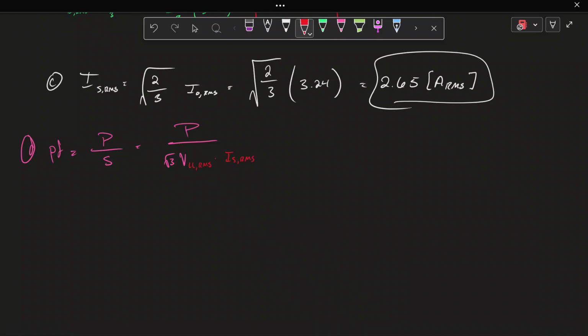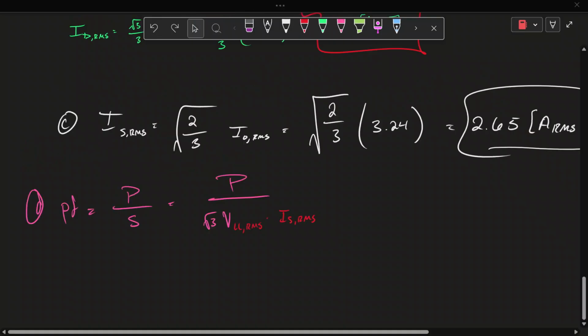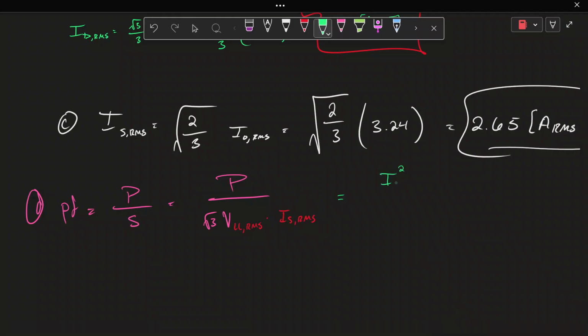So we're given the source current. We're given the line to line RMS voltage. We need power, though. What is power? How do we find that? Remember, power is the real power, right? So real power is going to be I squared RMS times the resistance.